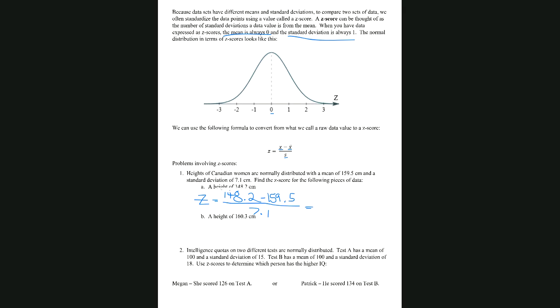So this z-score is negative 0.224162, but generally we let z-scores be 2 decimal places after the decimal point. So I'm going to say that z-score is negative 0.22.